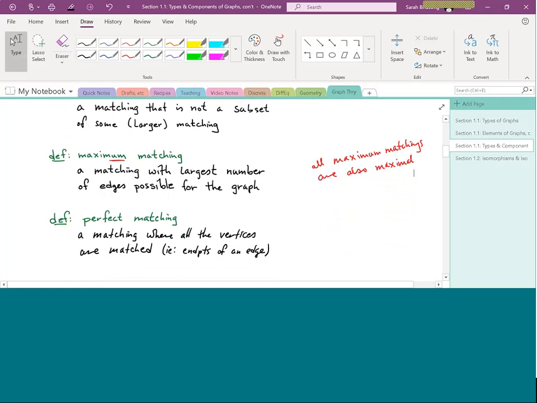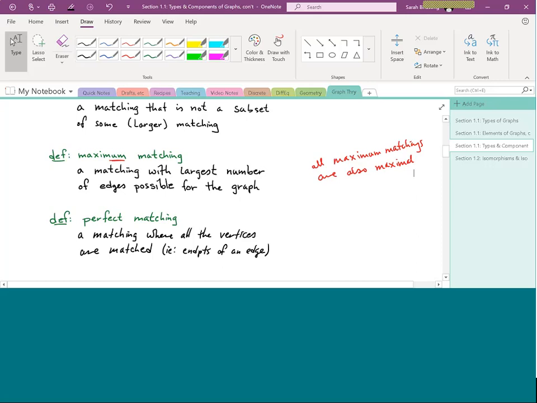Interesting question. The question that came up is whether a graph will always have a maximal but not always a maximum matching. And the answer is no. It turns out you should always get both of them.